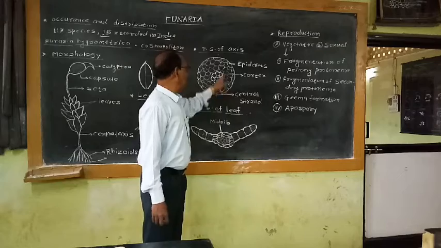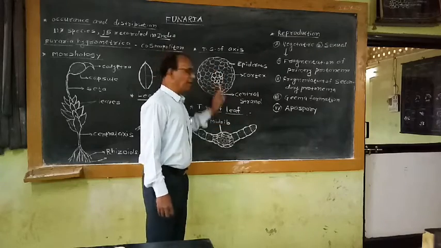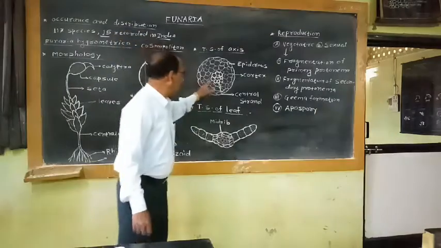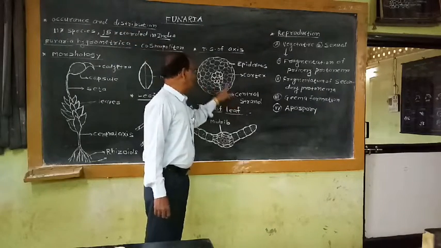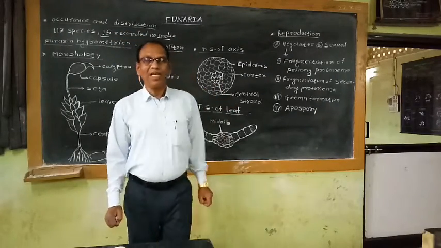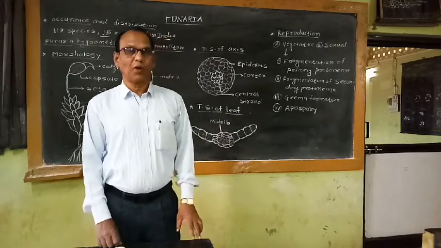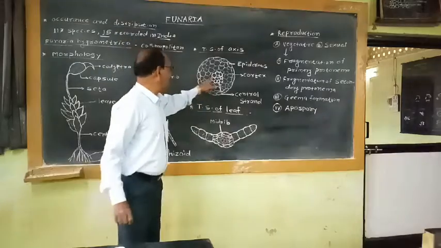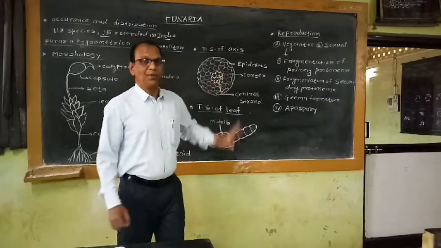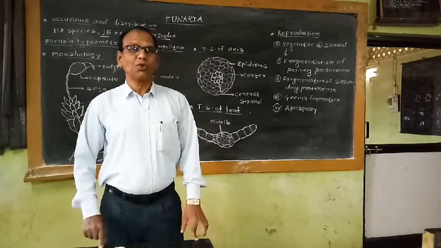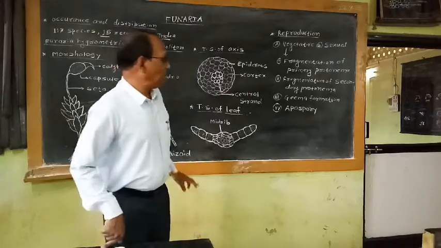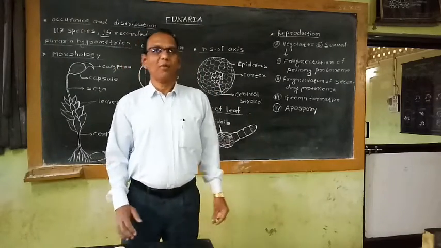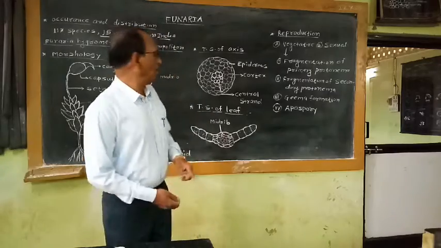Central zone in the main axis is made up of elongated, thin-walled cells, and this zone is commonly taking part in the conduction of the water as well as nutrients. That's why it is similar to the conducting tissue strand of higher plants, but it is lacking the differentiation of xylem and phloem tissue like higher plants.